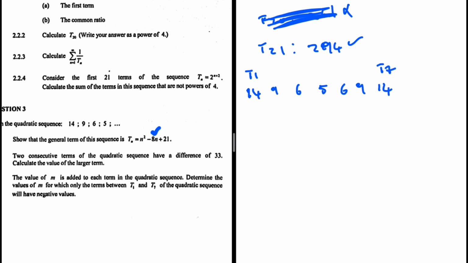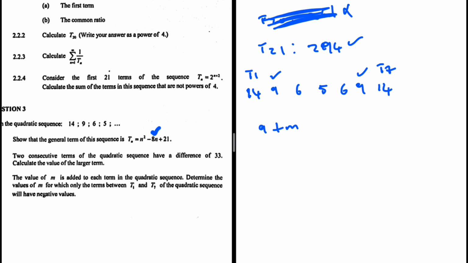So we're adding M to all these terms, such that T2 to T5 are the only ones that are negative. So 9 plus M needs to be negative.